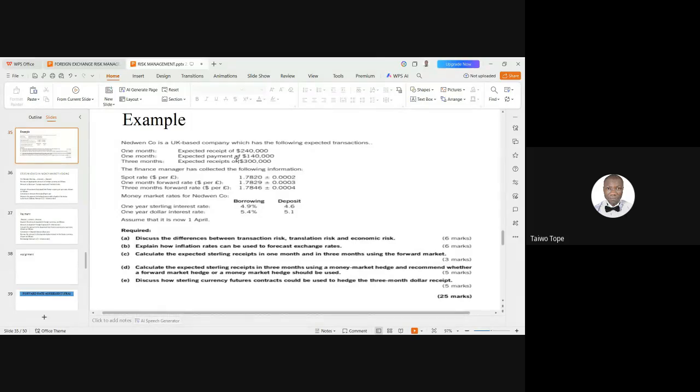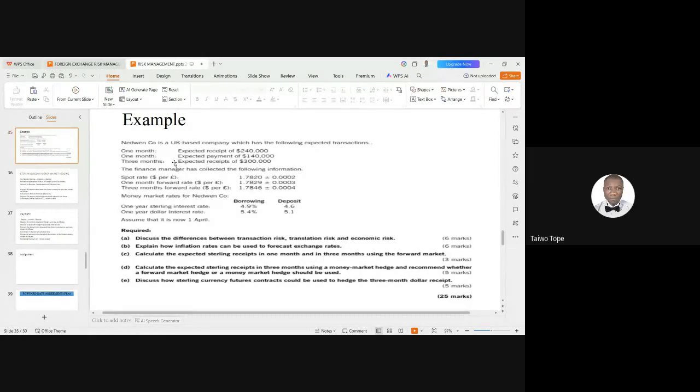So when you use that value to convert $100,000 to pound sterling, what will you get? 78,511.